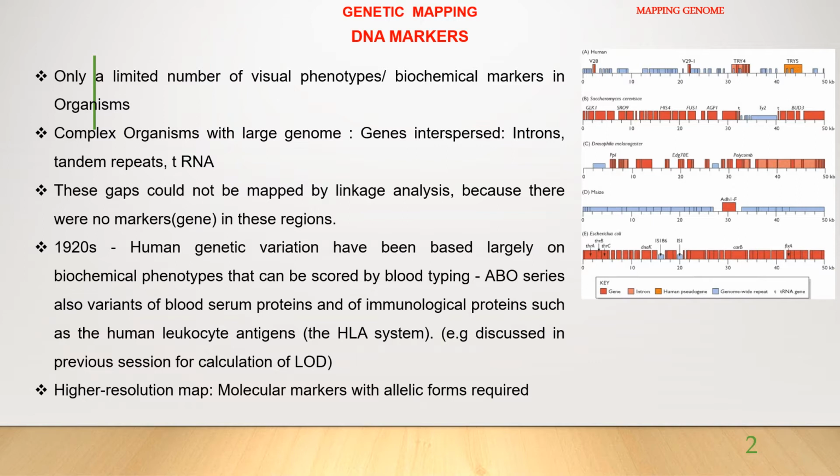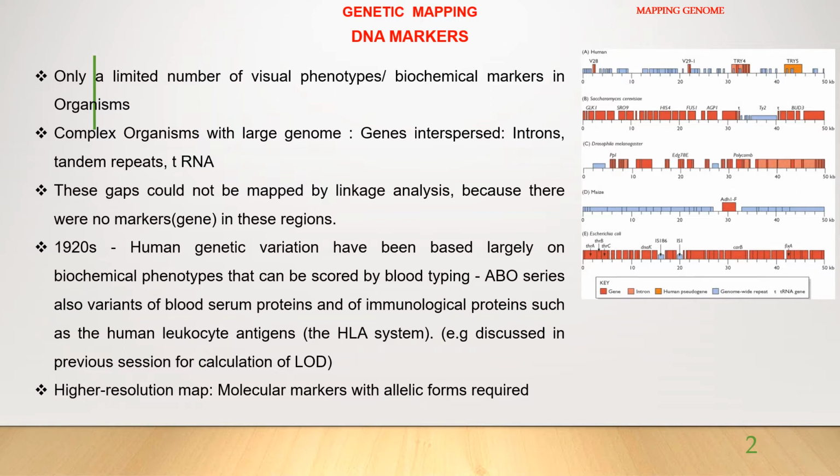However, in case of complex organisms with large genome, the genes are distantly placed. Example, in humans, plants like maize.